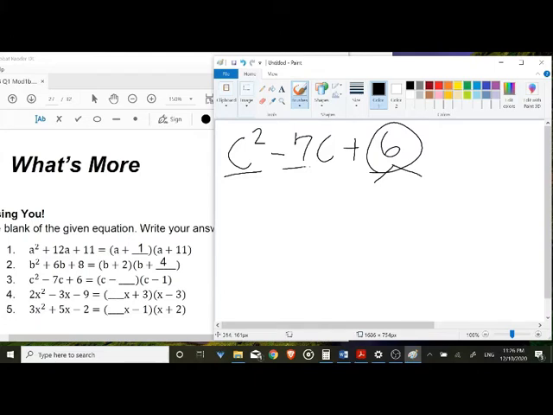In-add mo, 5. So, other factors is 6 and 1. Pag in-add mo yan, 7. Kasi negative 7 yung sign, so dapat negative yung dalawa. Para pag in-add mo, negative 6 plus negative 1, that is negative 7, in which pareho ng ating middle term, negative 7.